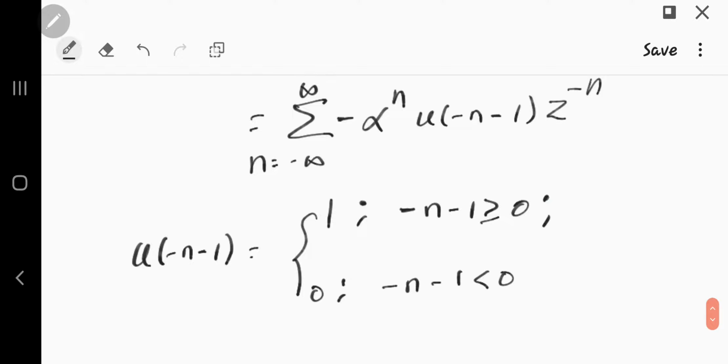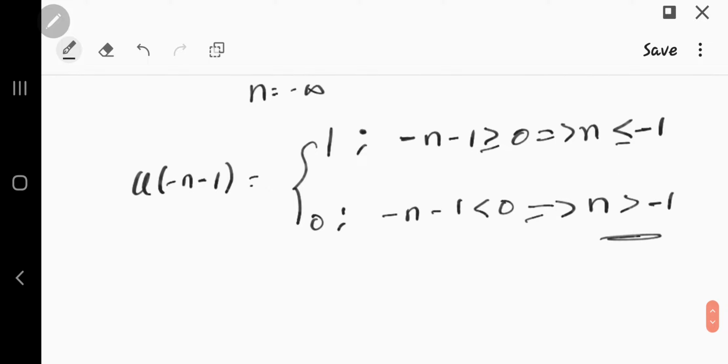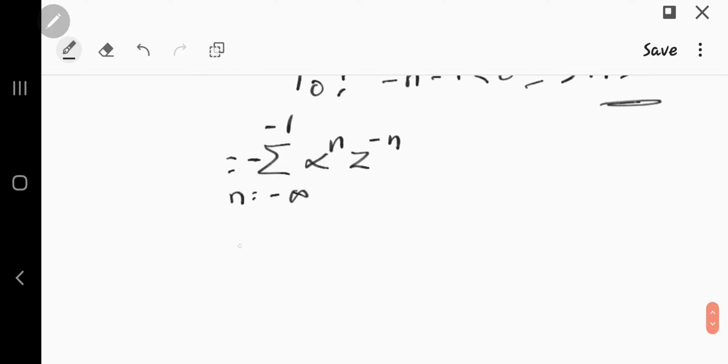So this gives the limit n less than or equal to minus 1, and 0 for n greater than minus 1. That means for values of n less than or equal to minus 1, u of minus n minus 1 will be present. So our limit changes from minus infinity to minus 1, I'll take this minus outside, alpha^n z to the power of minus n.